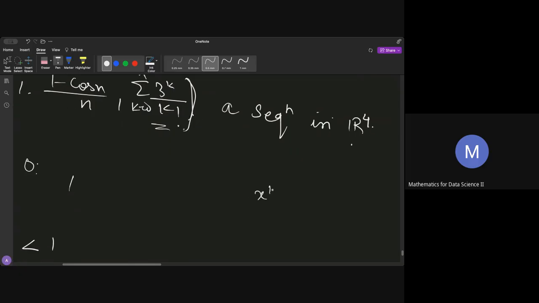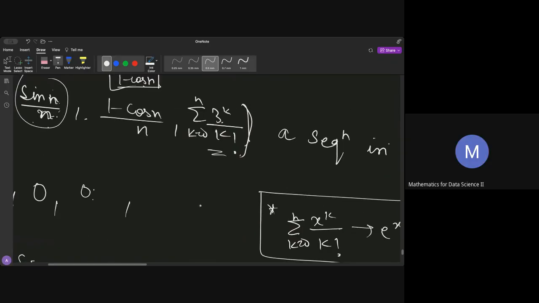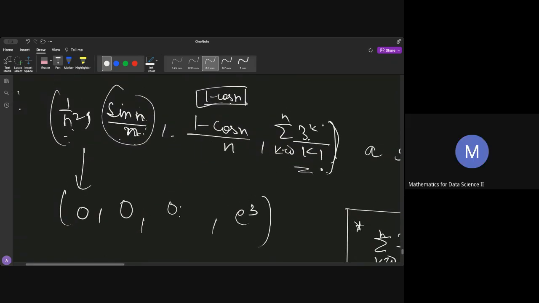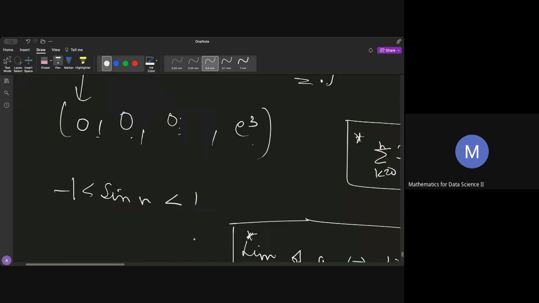The limit of these, x to the power k factorial, summation k varying from 0 to n, is a sequence whose limit is e to the power x, right? So the limit of this thing should be e to the power 3. So the limit of this entire four tuple sequence will be 0, 0, 0, e to the power 3.